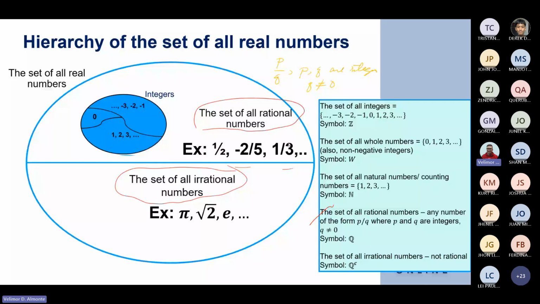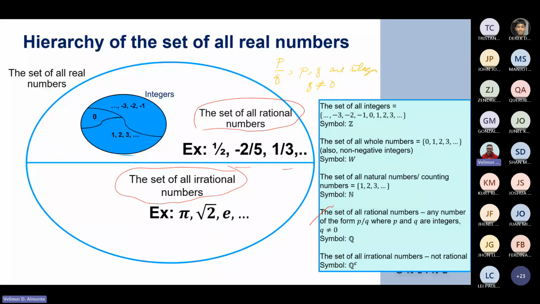So how come the set of integers is a subset of the rationals? Other answers coming from the audience, please. 40 tayo dito, 40. Don't be shy. Don't be shy behind MS Teams.